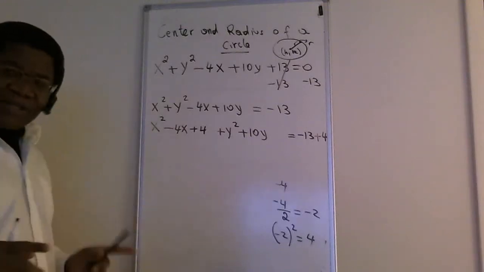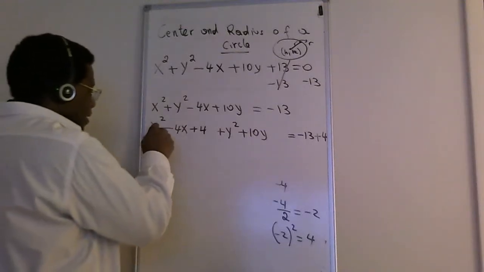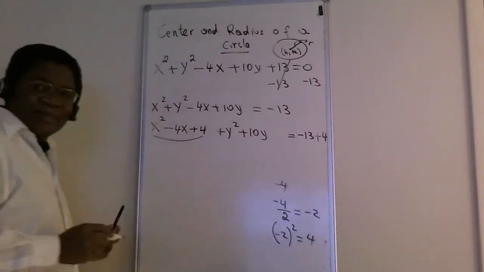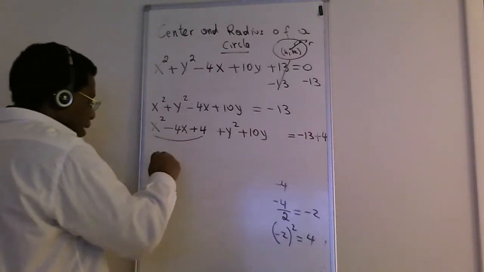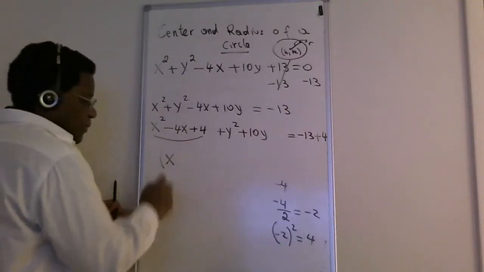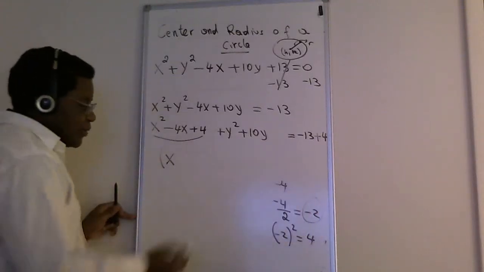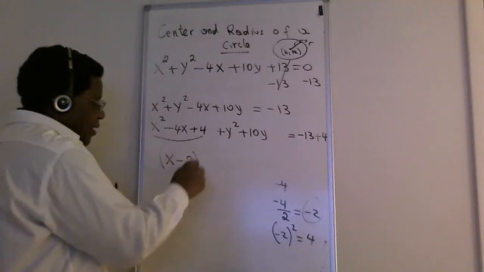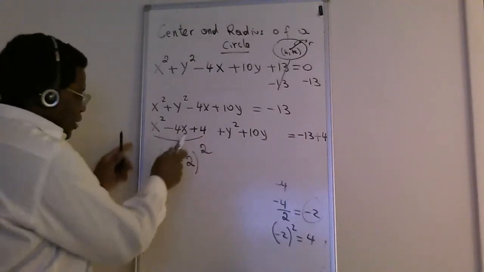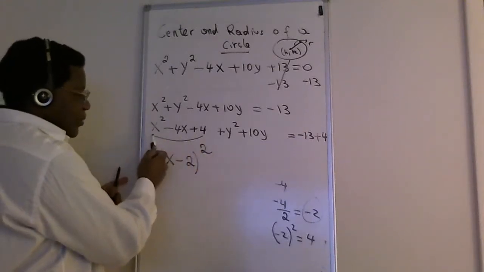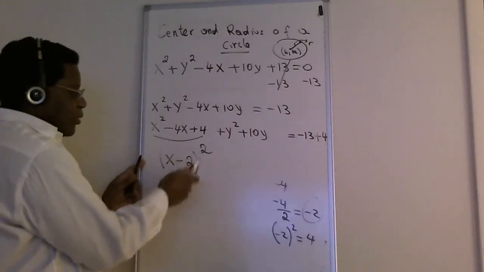So by doing this process, these 3 terms now can be written as x, take this number, negative 2, put it here, and then square that. So these 3 terms, we call that trinomial, can become a binomial.